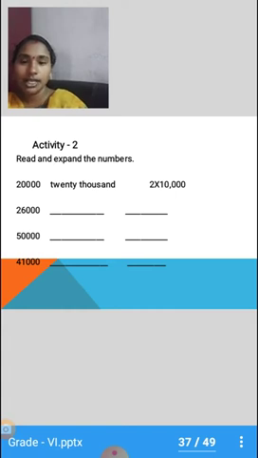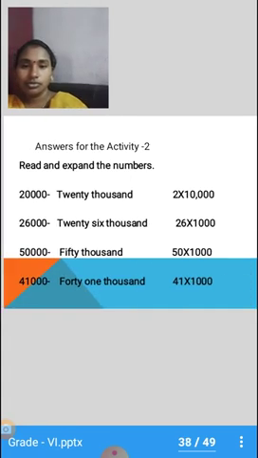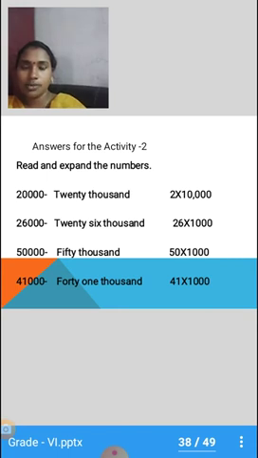Any idea? So 26,000 can be expanded like 26 into 1000. And 50,000 can be expanded 50 into 1000.